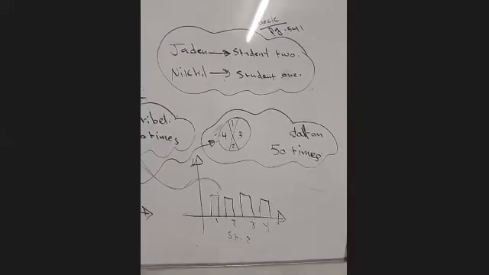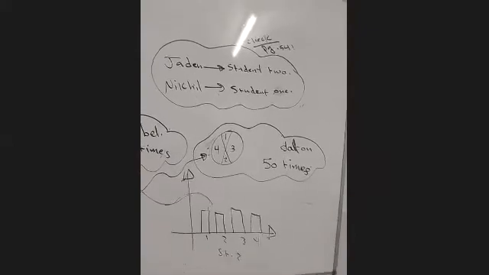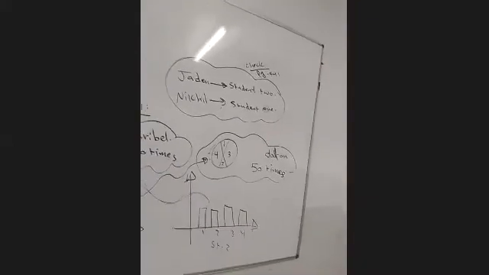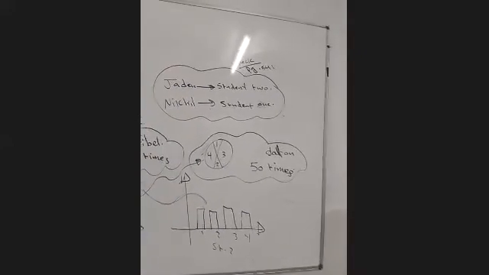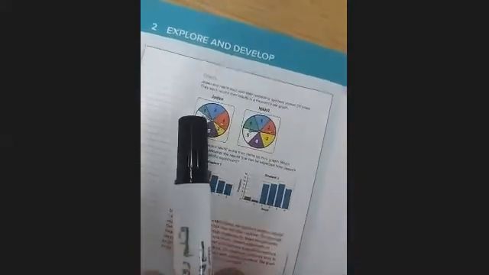So why do we choose Jaden for student 2? I will tell you why. Because for Jaden, 1 and 2 have less chance to happen, and this is obvious in the graph.